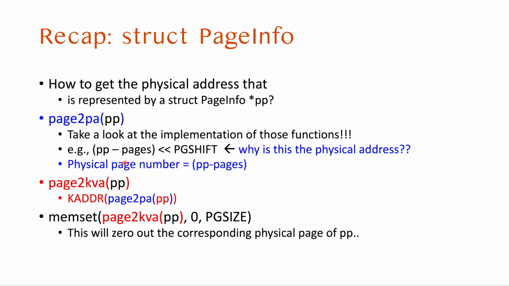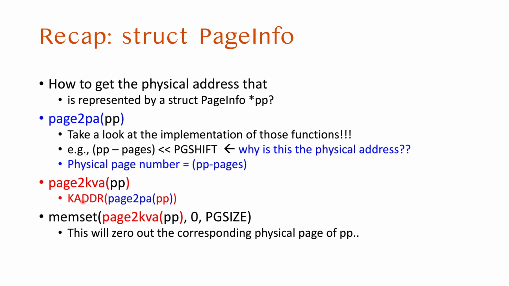But to use the address in C, we need to change the physical address to the kernel virtual address. In such a case, we may use page2kva, page to kernel virtual address, PP, which is actually the same as running page2pa PP to get the physical address first, and then applying KADDR. What KADDR does is translate the physical address to the kernel virtual address by just adding KERNBASE.